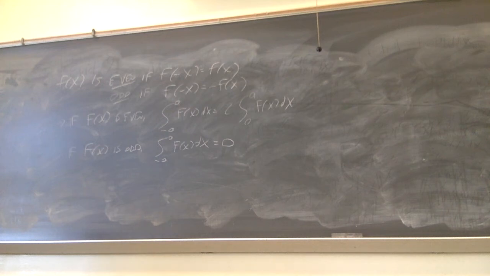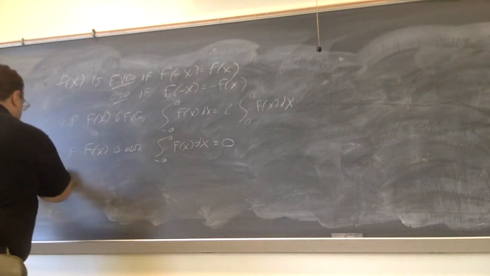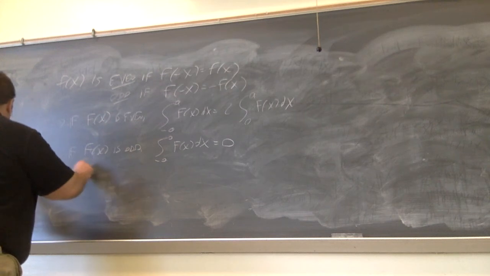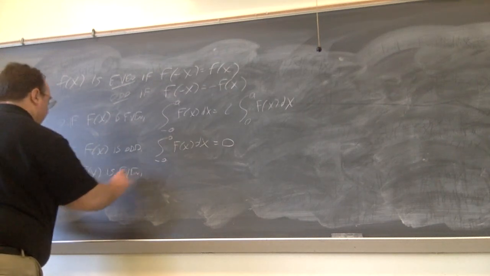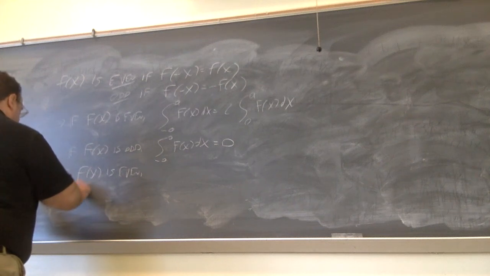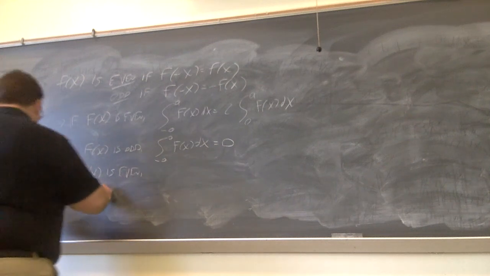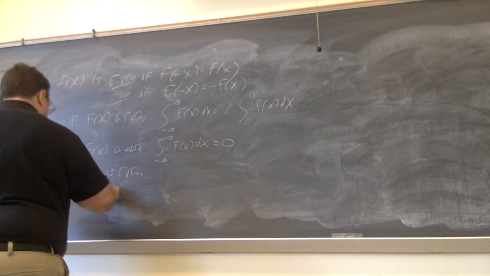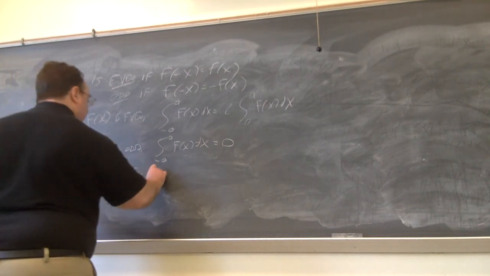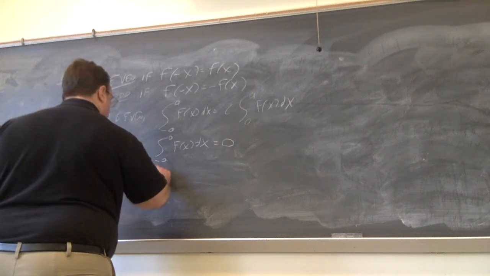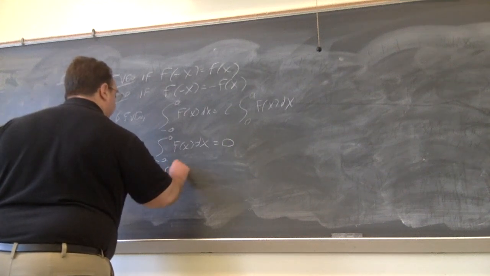Okay. Now that we have this, we can say the following. If f is even, then its Fourier series only has cosine terms, if you're working with the interval minus a to a.